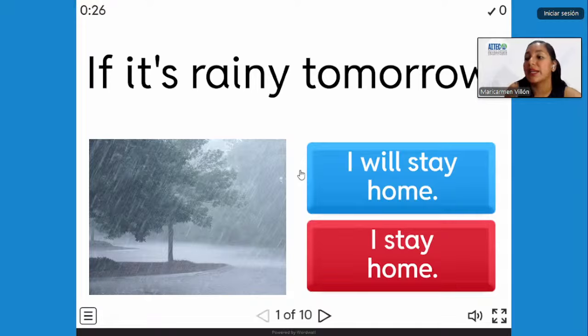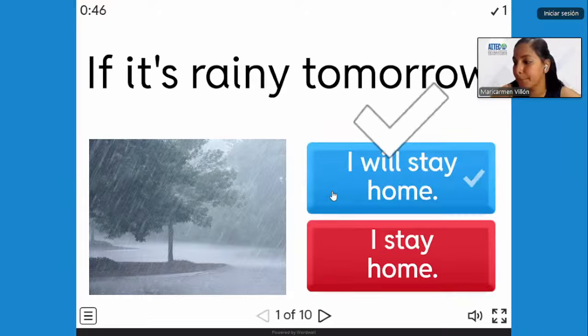Dijimos que el resultado va a estar en futuro simple. Es decir, que vamos a estar usando aquí mucho el will. Excellent. If it's rainy tomorrow, I will stay home. Yo me voy a quedar en casa si está muy lluvioso. Ok. The blue one.